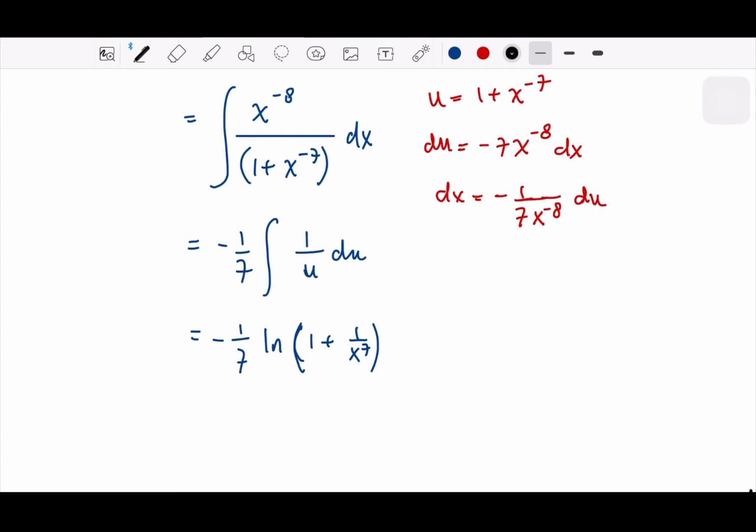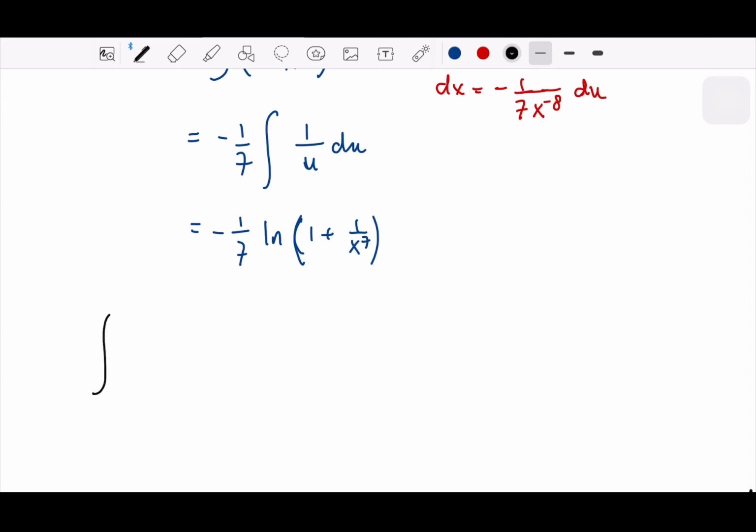I tried this one. This is 3. So this is f, right? F or G. Okay, F. So F is the left one.